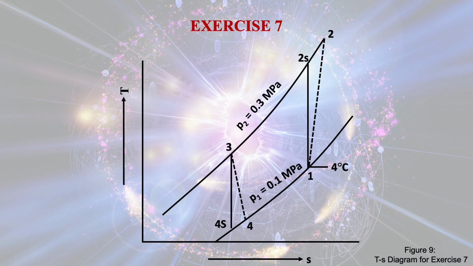State 1 is the entry point of the compressor for the compression process, point 2 is the actual state after the compression process, and 2s is the isentropic compression process at the final state of the compression process, and so on.